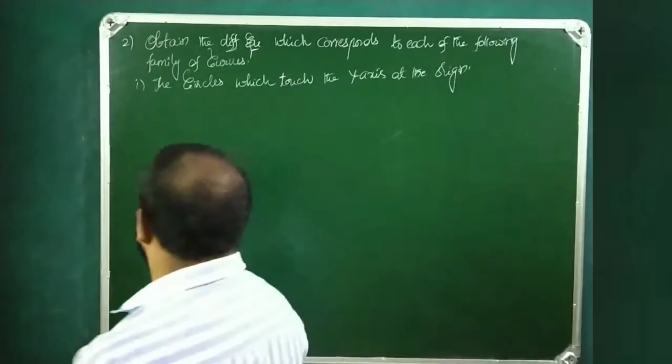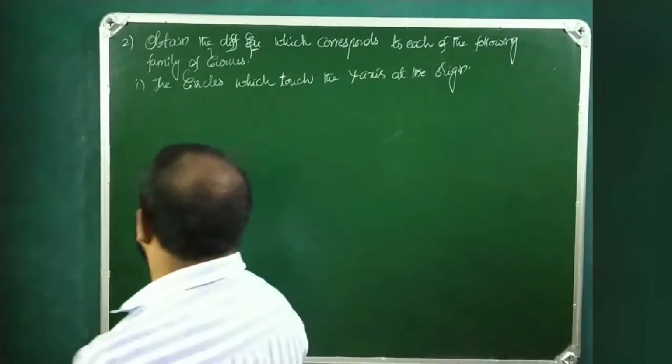Its center is minus g comma minus f, and the radius is r equals square root of g square plus f square minus c.